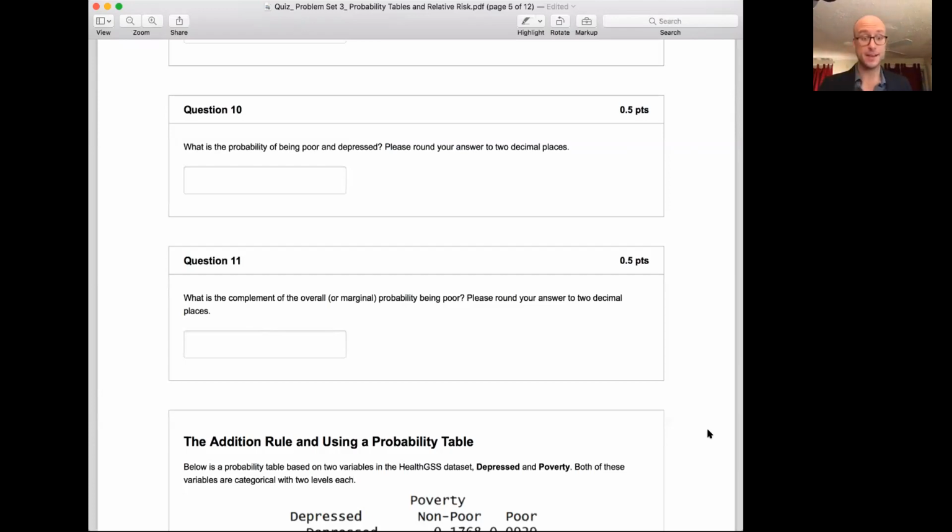But the complement in statistics is the probability of, what is it? I'm going to try not to use jargon. If you have the probability of A, then you want the probability of not A. That's the complement of something.